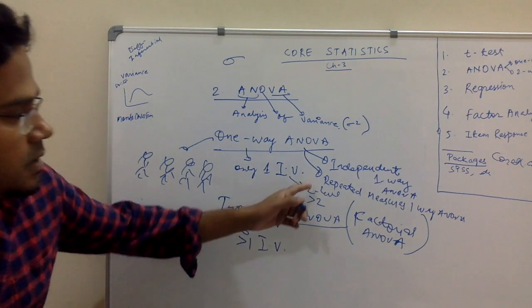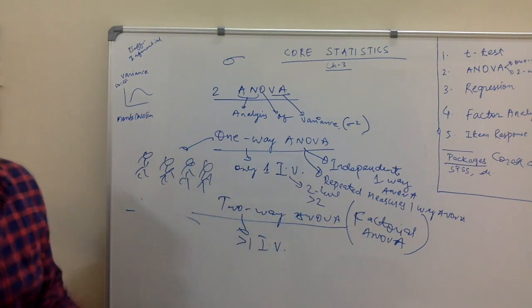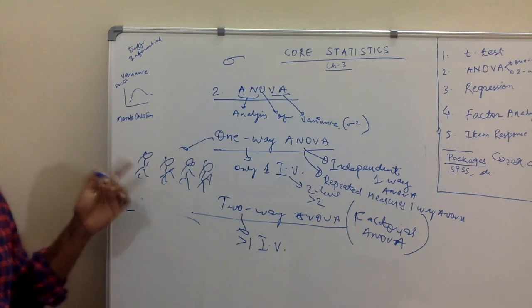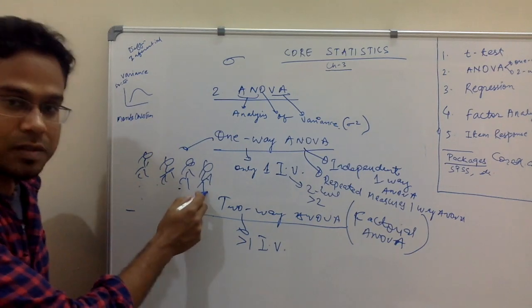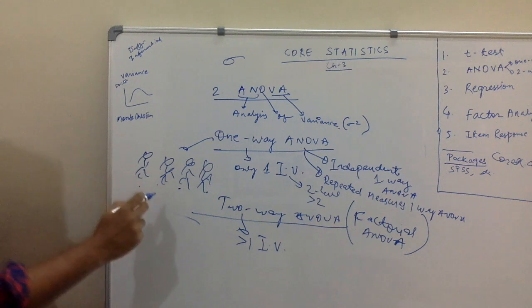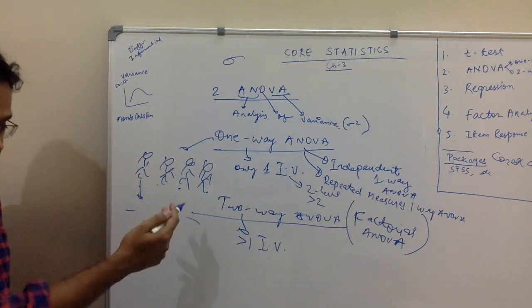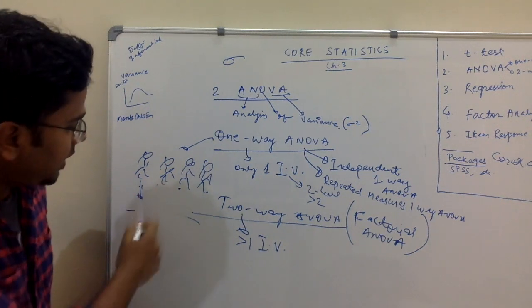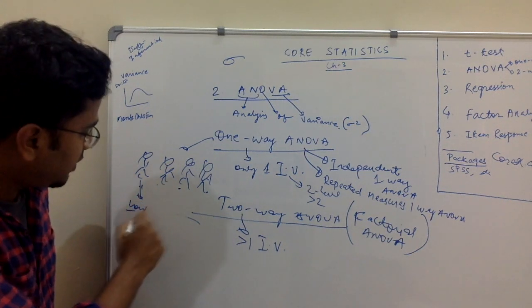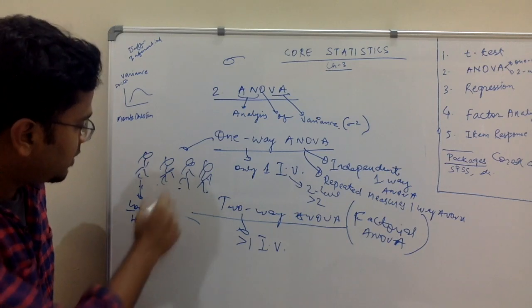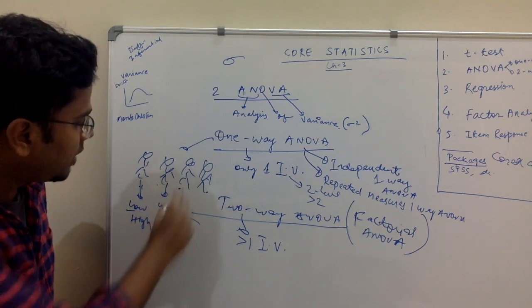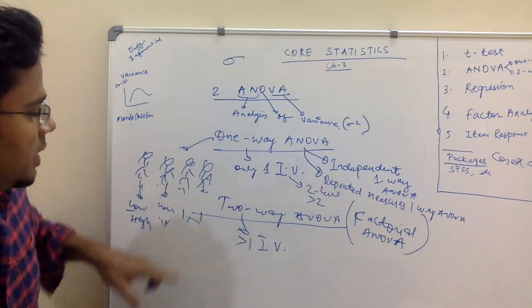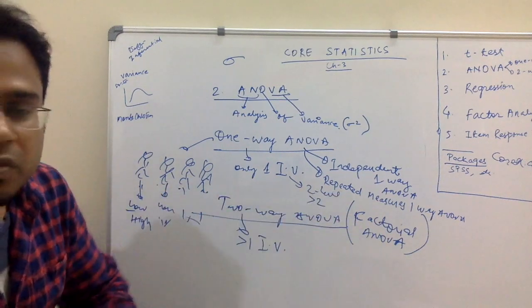In that, what happens is there is just one person who is subjected to everything. If these 4 persons, all of them are subjected to this experiment for each level, so let's say this person is subjected to a low noise level and a high noise level, and this person is also subjected to low, high, and so on, and then their results are measured, then it is repeated measures one-way ANOVA.